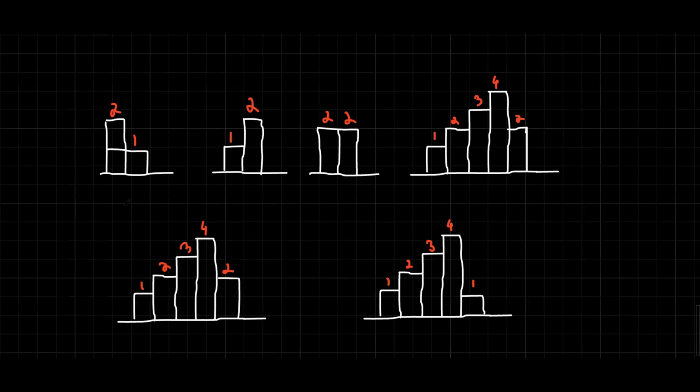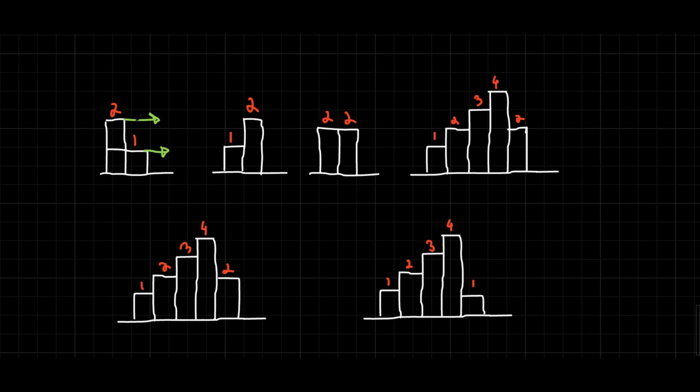Now, here we can see that we cannot move forward from the first bar because there is no supporting bar here. But we can move forward from the second bar. Now, what is the basic intuition?